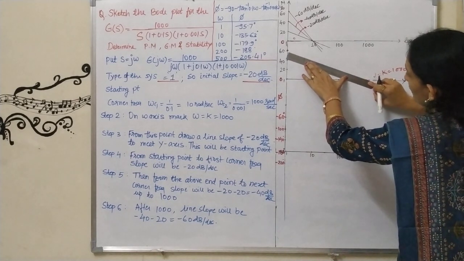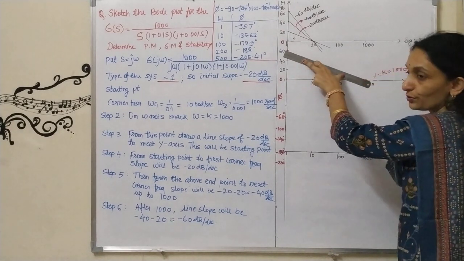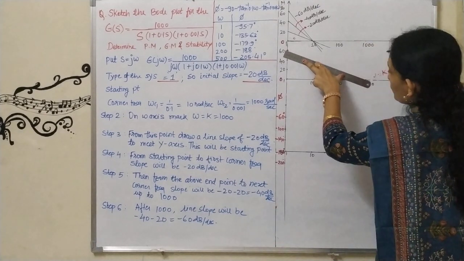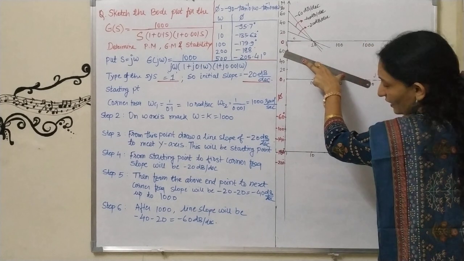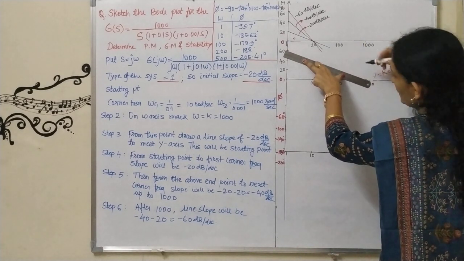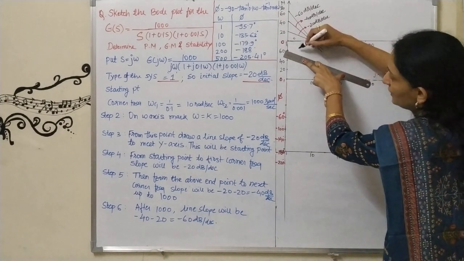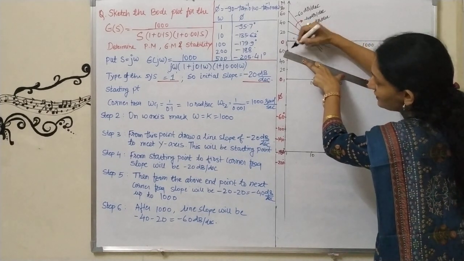It is always easy to draw a line of slope minus 20 dB with the help of a roller scale, so please use a roller scale. I kept the scale in such a way that the slope is minus 20 dB per decade. This is the point at omega equal to 1000, and this line is intersecting the y-axis at 60 dB.